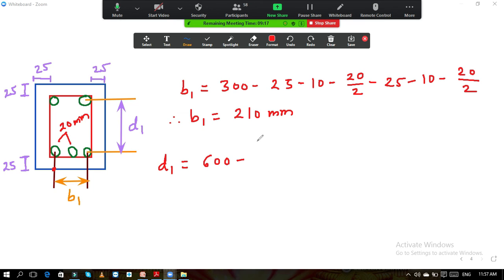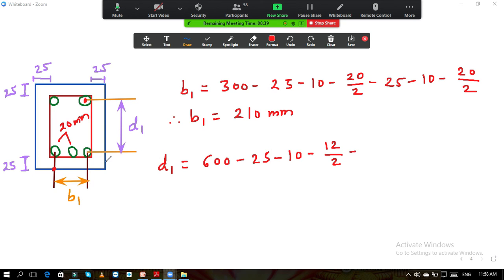At the top the clear cover is 25, so minus 25, I come to this point. From here the horizontal bar diameter of 10 mm has to be subtracted, and then half of the top bar. The top bar is 12 mm, so minus 12 by 2. So I came to the center here.